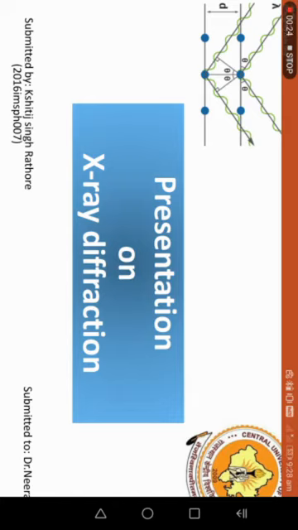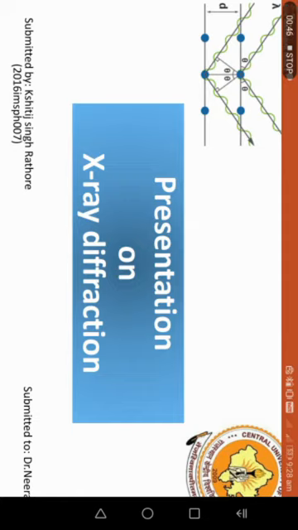So in the corner you can see a picture which you may be familiar with: this is Bragg's law. It signifies the interplanar spacing d, and the incoming wavelength lambda hitting the plane of the crystal at an angle theta.